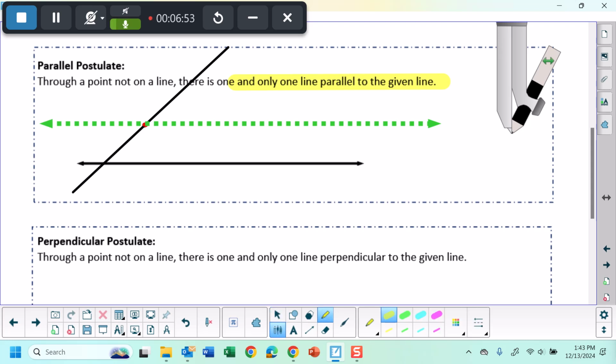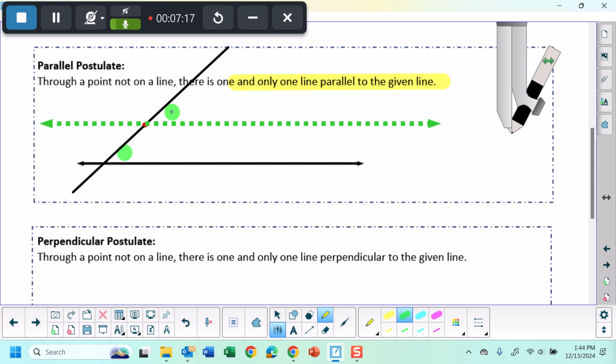The ones that we're going to care about are going to be these ones. What are they? Corresponding, you're right. The corresponding angles converse tells me, if the angles are congruent, then the lines are parallel.